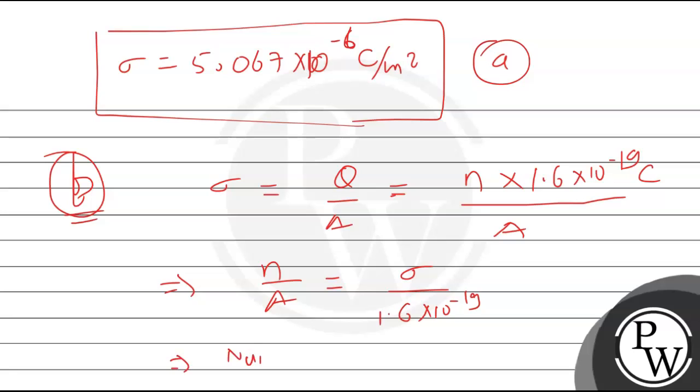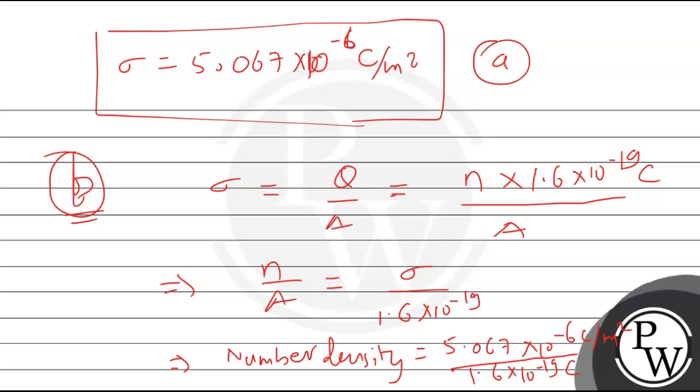This is number density. Number density equal to, let us put the value of sigma, that is 5.067 into 10 raised to power minus 6 upon the value of charge, 1.6 into 10 raised to power minus 19. Here the unit of the sigma is coulomb per meter square, and the charge is coulomb.